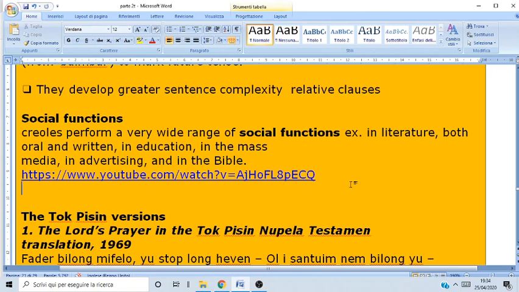For instance, it's used in literature, both for oral forms or written forms. Or it's used in education, or for mass media, in advertisements, and in the Bible.